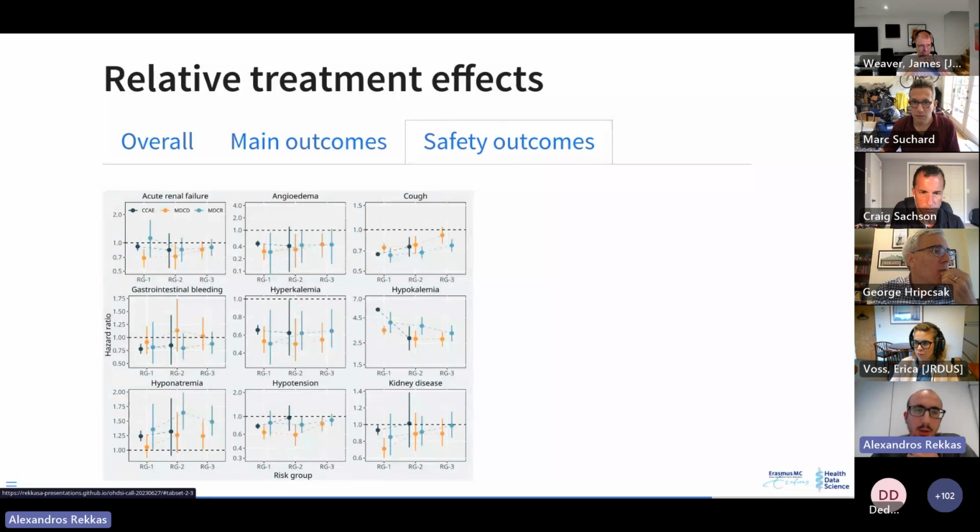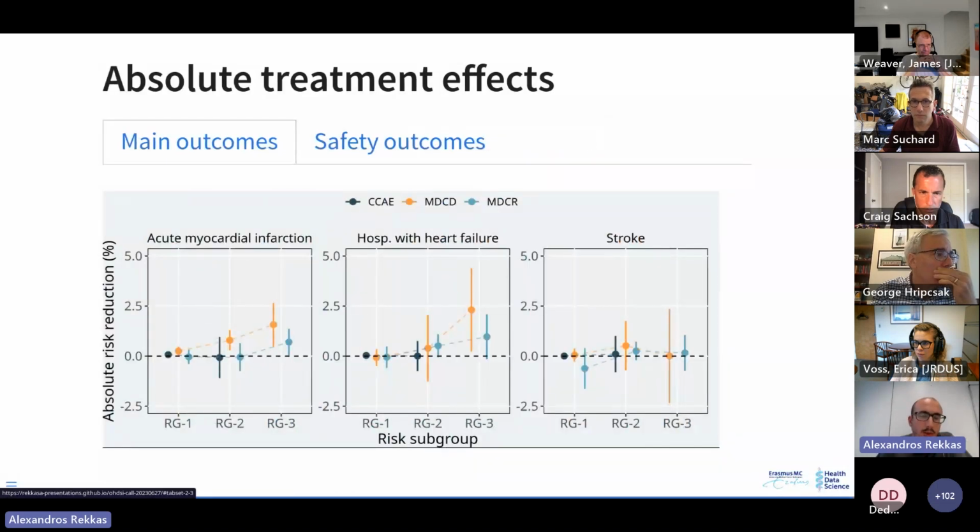So these are the results in the relative treatment effects. But then we look at the absolute treatment effects to try to understand a little better what's going on. For the main outcomes, we now see some clear trends, especially for acute MI, where the benefits with thiazides increase as acute MI risk increases.